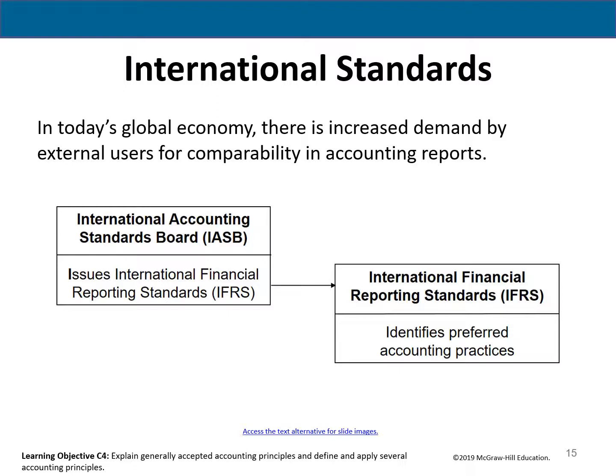Now, before we look at international standards, the current body that makes GAAP in the United States, which is the only country in the world that uses US GAAP, is called the Financial Accounting Standards Board, the FASB.